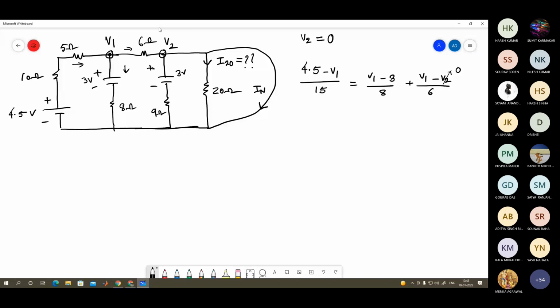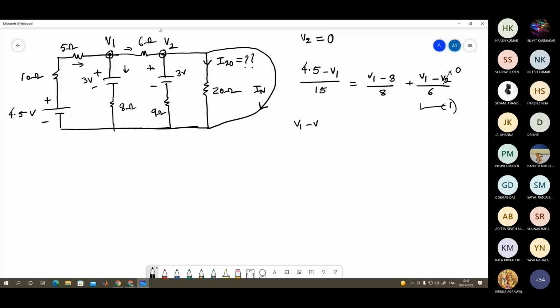The next equation is (V1 minus V2) divided by 6 equal to (V2 minus 3) divided by 9 plus IN, right? Through this path no current will be flowing, means here also it is IN. So now again you can write V2 equal to 0, and same for here.